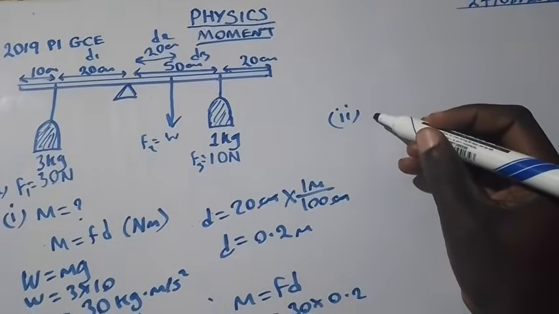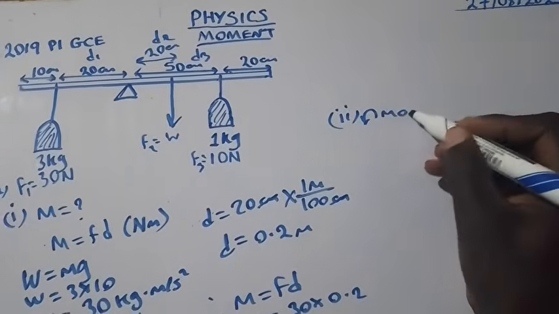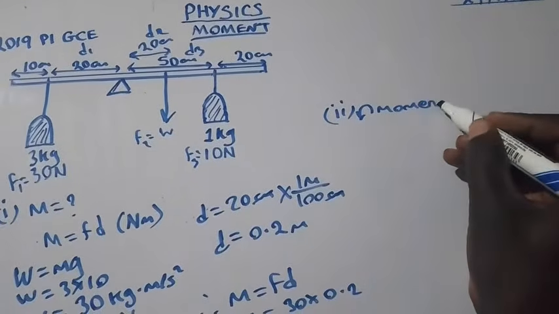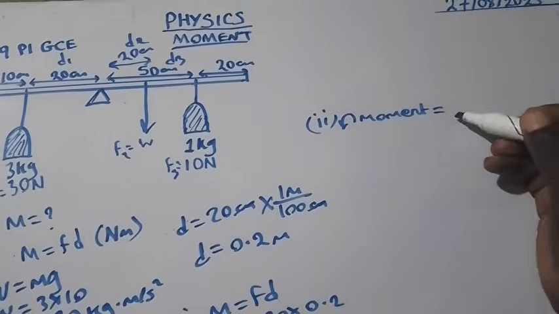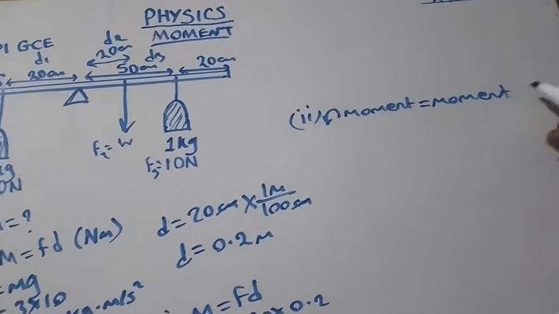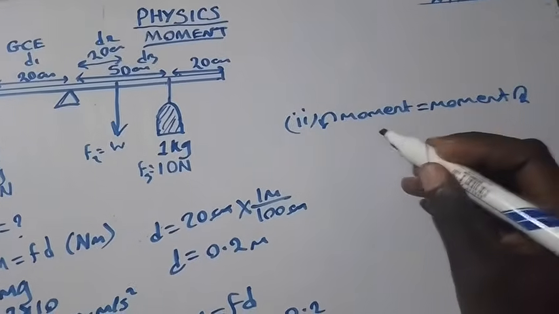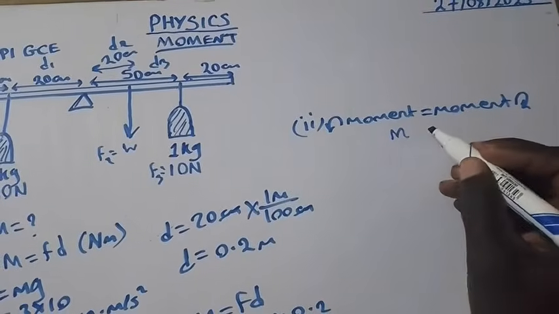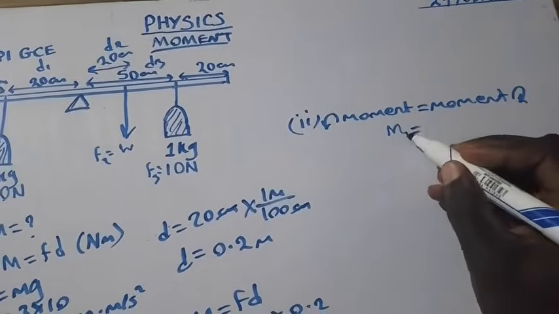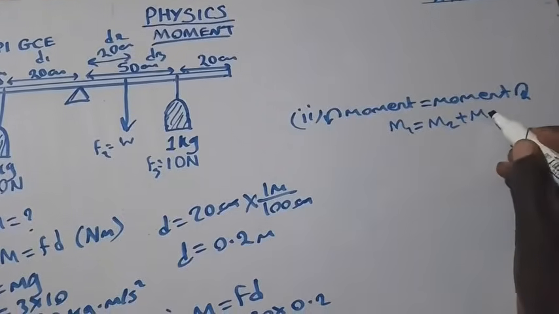So we are saying anticlockwise moment is equal to clockwise moment. So moment 1 will be equal to moment 2 plus moment 3.